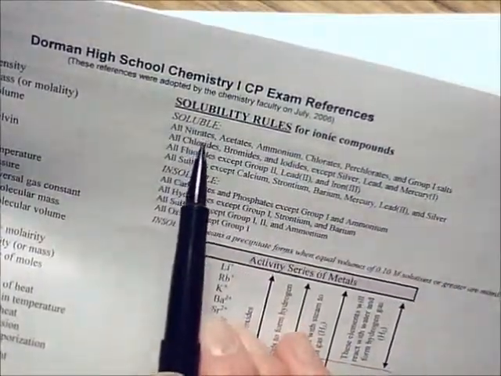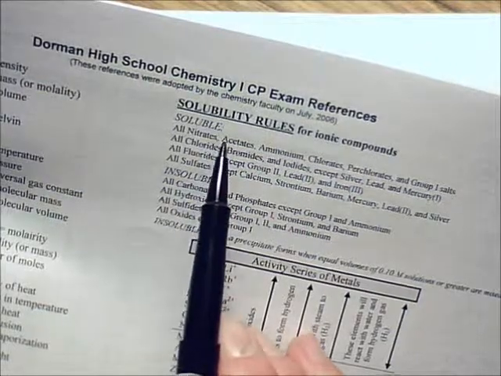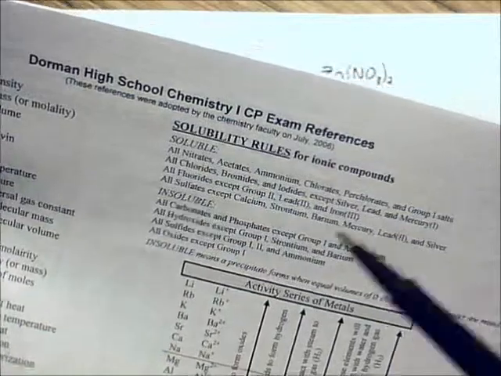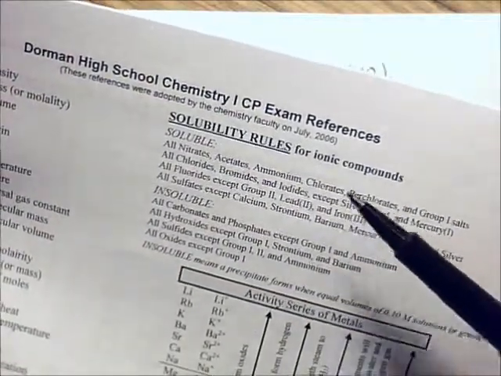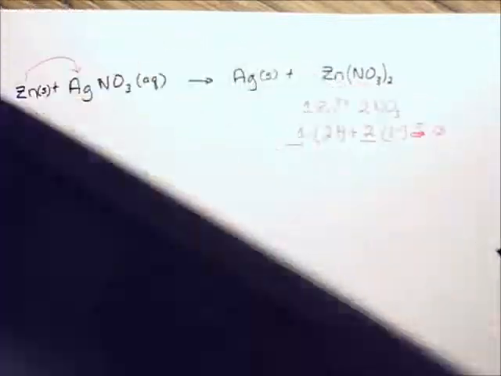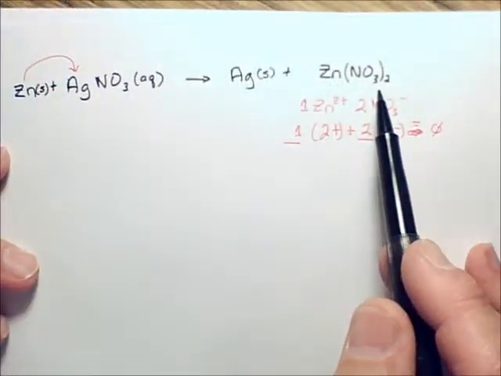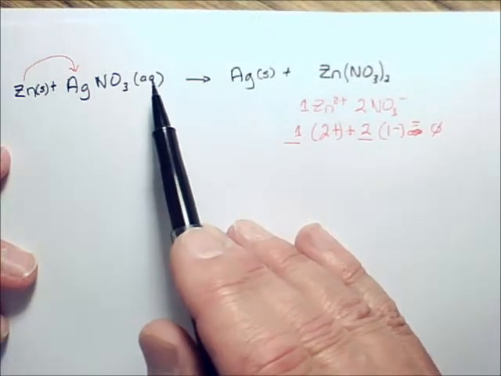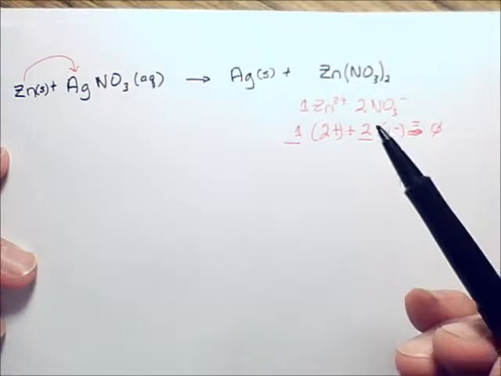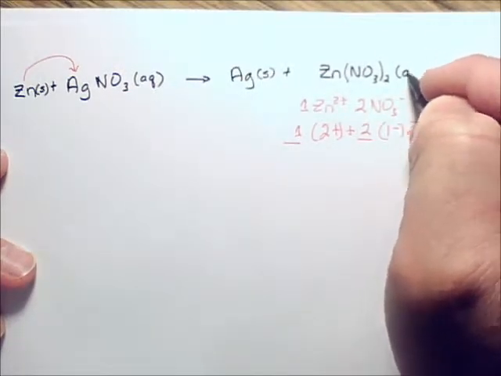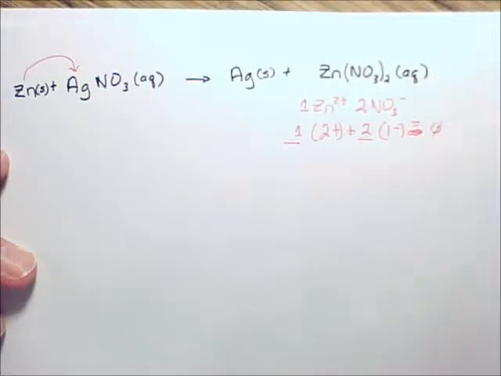Nitrate's the very first one, and it says that all nitrates are soluble. Soluble means they dissolve in water. The solubility rules tell you what it will do, but you have to figure out what it actually does. If there is water, it will dissolve. So we're going to call this aqueous because this is taking place in water, and nitrates will dissolve.